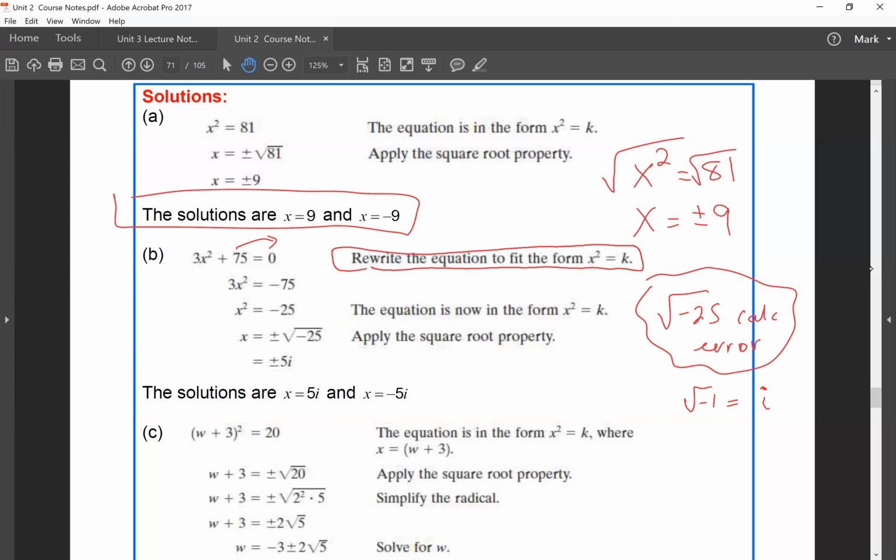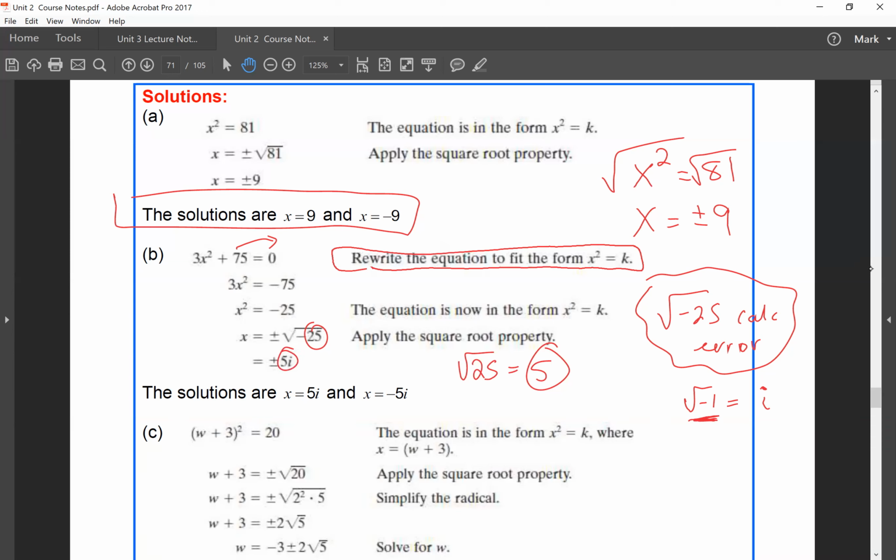So you can't really do the negative on your calculator, but you can take the square root of 25 on your calculator. The square root of 25 on your calculator will say 5. Now, because it has a negative in there, we need to add the i.